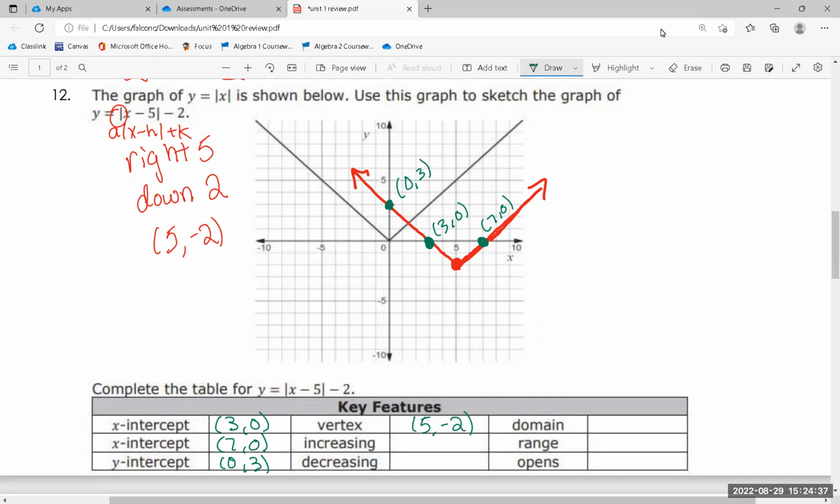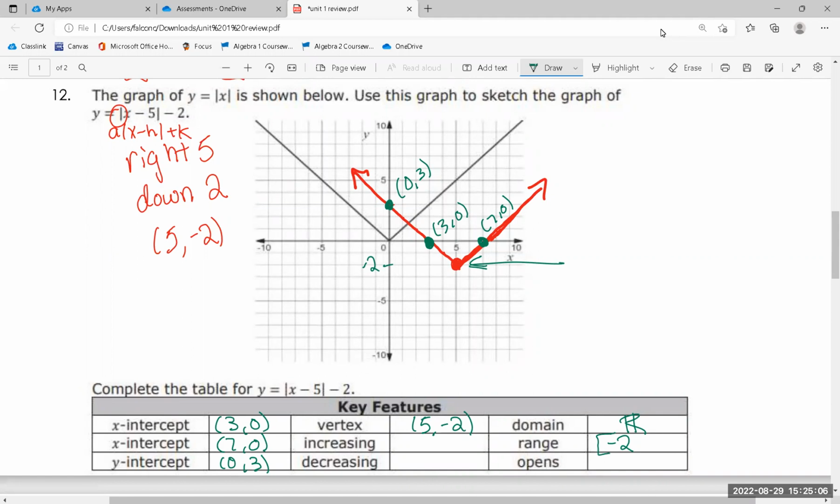I'm going to do domain first. Domain for all of our absolute value functions, we know that is all real numbers. Range. So we want to scan from bottom to top. It looks like I start getting y values at my vertex, and the y value of that vertex is -2. So we start at -2, and we put a bracket around -2 because we include -2 in our interval.